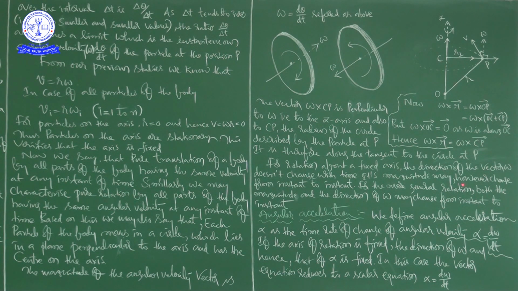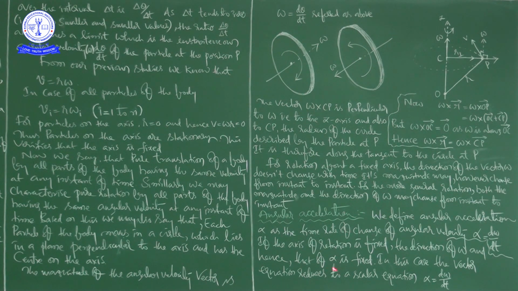Its magnitude may, however, change from instant to instant. And for the more general rotation, both the magnitude and the direction of omega may change from instant to instant. That is what he is talking about, angular velocity.